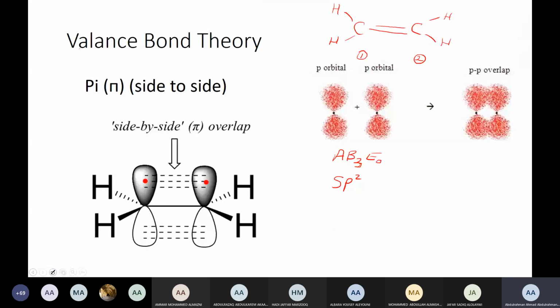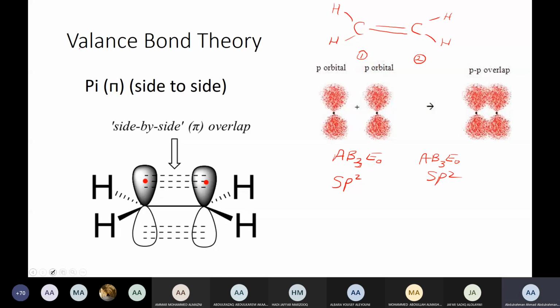Good. Now, what's the electron domain for the second carbon, carbon 2? It's the same, AB3E0. What's the hybridization? sp2. Can you draw the electrons that will be hybridized?